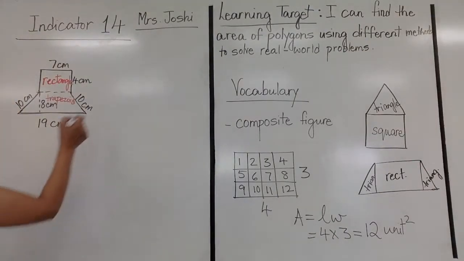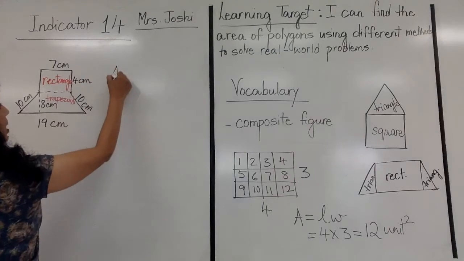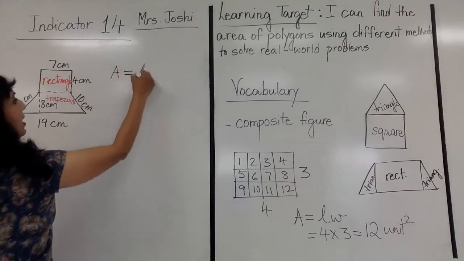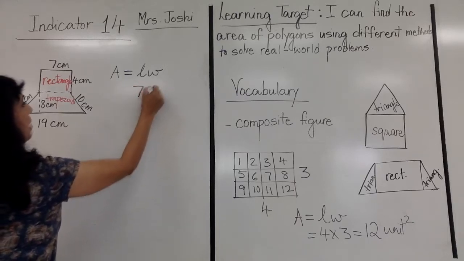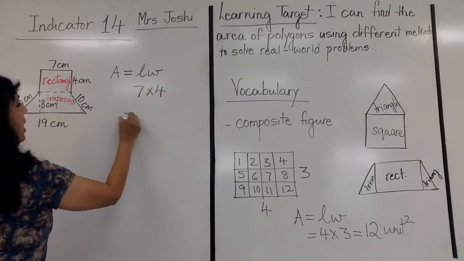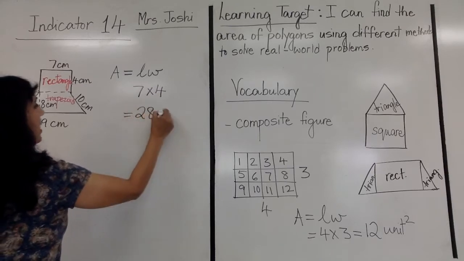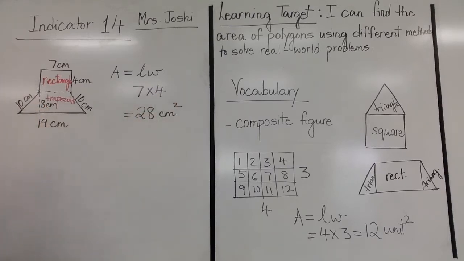So for the rectangle, my formula is length times width. My width is 4 centimeters, my length is 7 centimeters, so I do 7 times 4, and I get 28 centimeters squared. Now don't leave it at this, because this is just this spot.